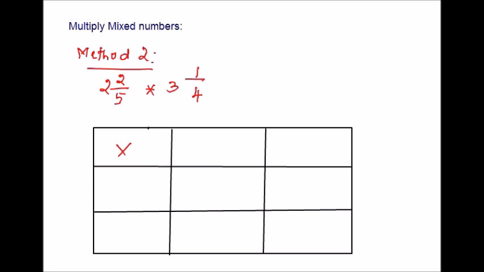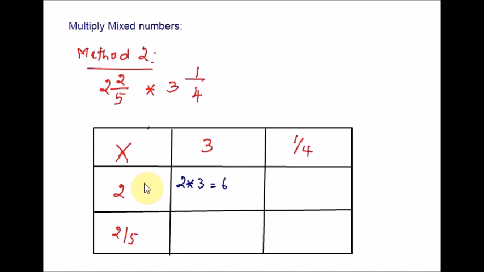Write the first mixed number and the second mixed number. 3, 1 over 4, 2 and 2 over 5. Next, we are going to multiply each row with each column. So 2 times 3, this would give you 6.